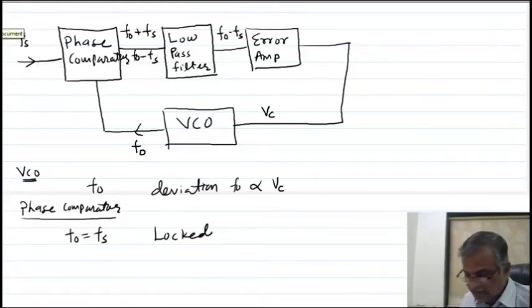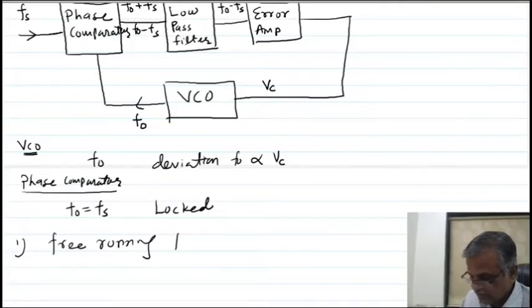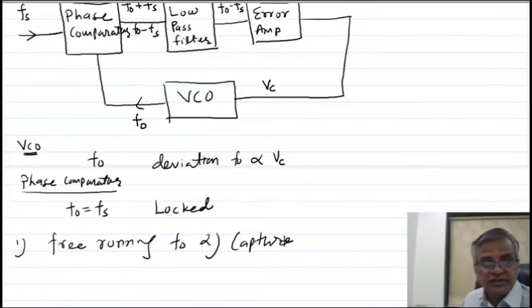The entire process of PLL can be divided into three parts. From this discussion we can say that the PLL passes through three stages. First stage is free running, which means as you switch it on, it produces the frequency FO. Second is capture start, called the capture range.